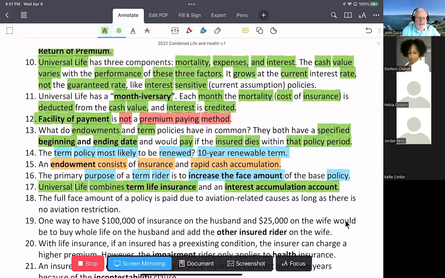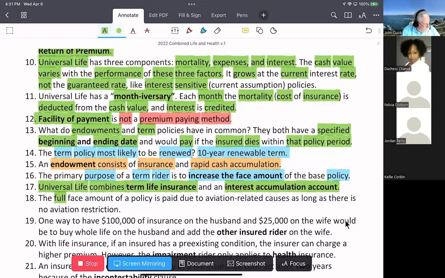Now, what about this thing about aviation? If you are a passenger on an airplane, then you're covered, no problem. But if you have a private plane or do ultralight flying, then there may be aviation restriction for these hazardous activities. Now, they may offer you the aviation rider, and if you don't take it, you're not going to get covered.